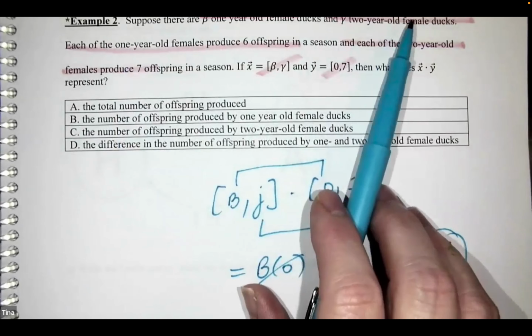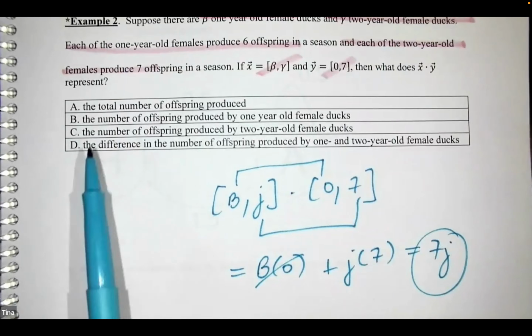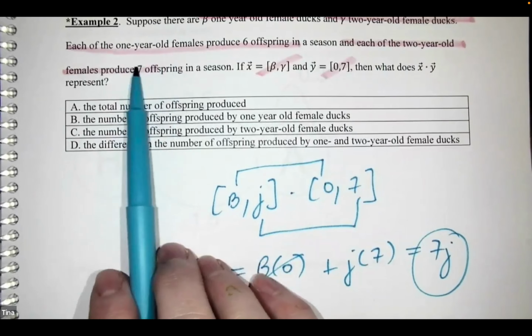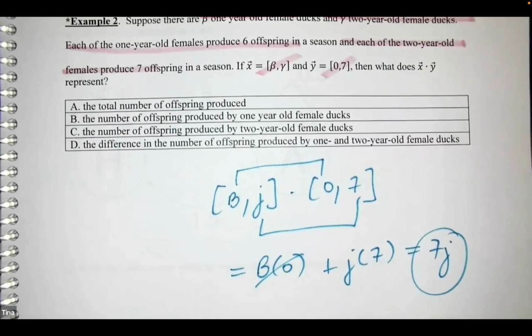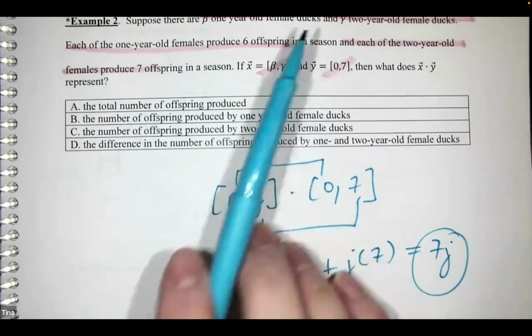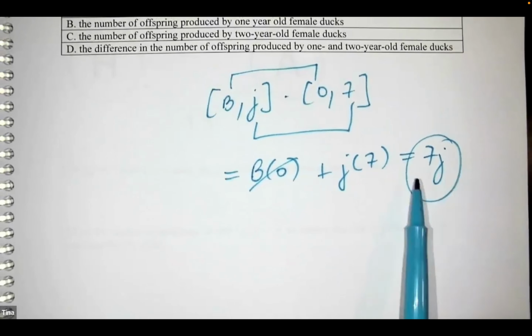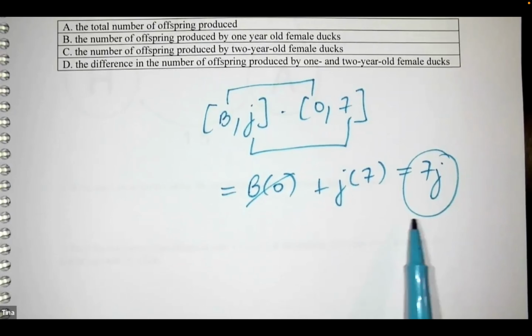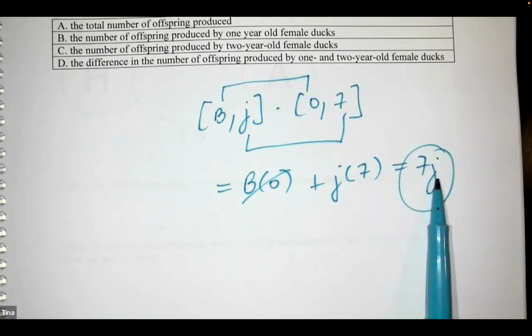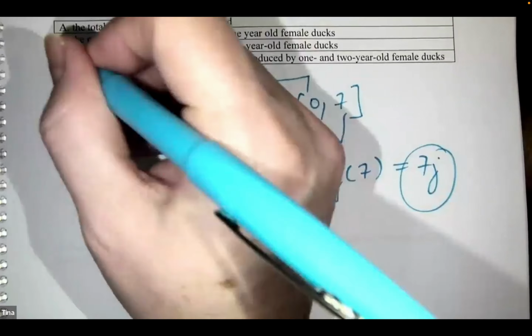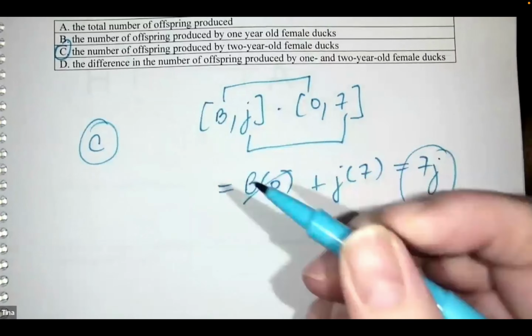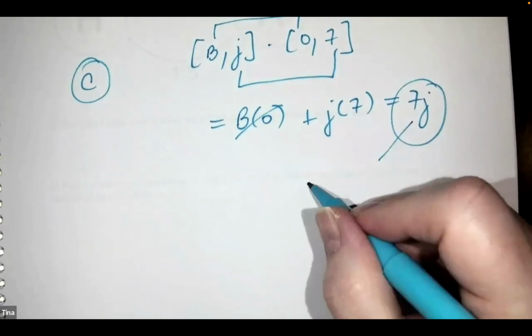Well, if gamma is the number of 2-year-old female ducks, and 7 is the offspring for each 2-year-old duck, then what's this represent? Well, the number of 2-year-olds times the offspring is going to be the total number of offspring produced by the 2-year-old female ducks here. So it would be C.